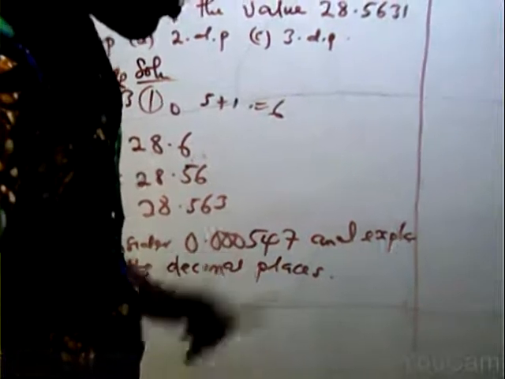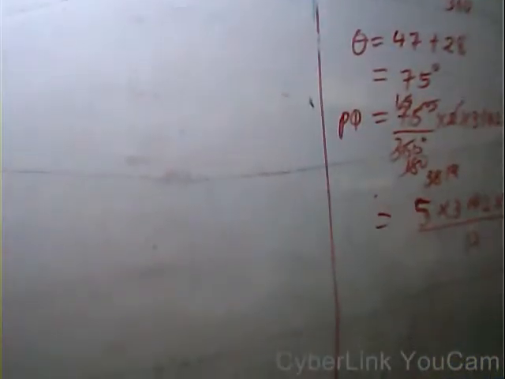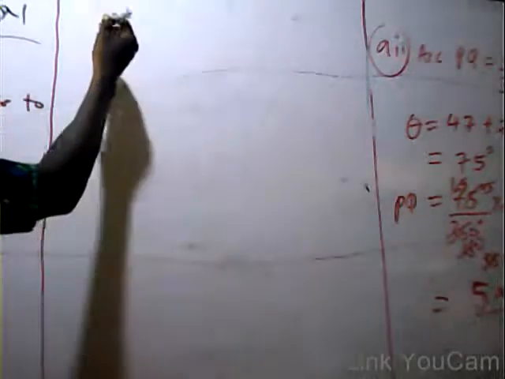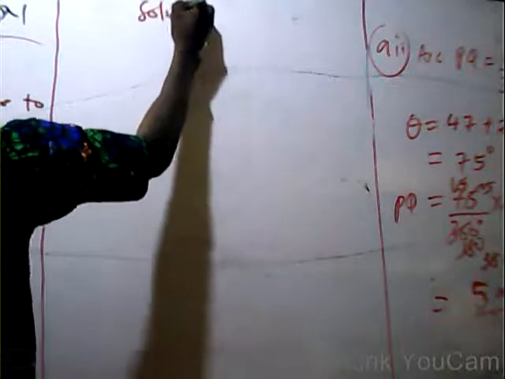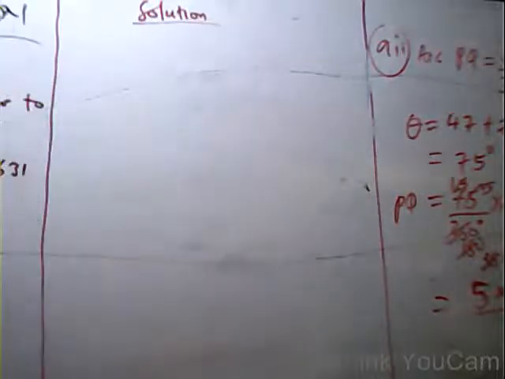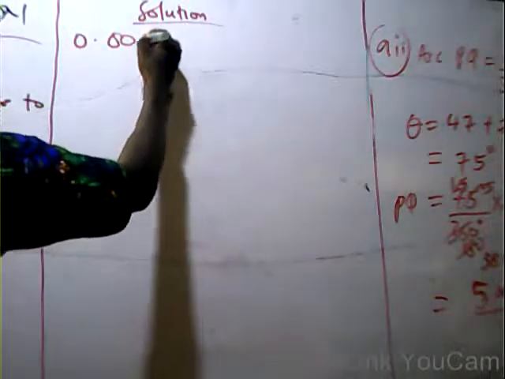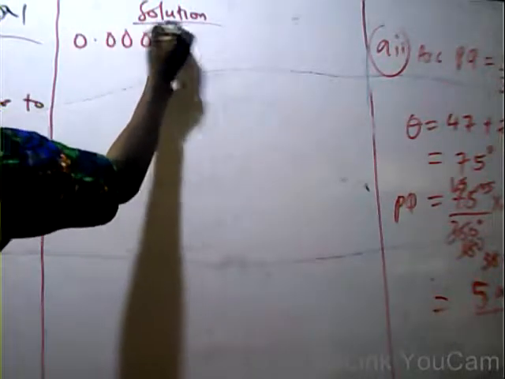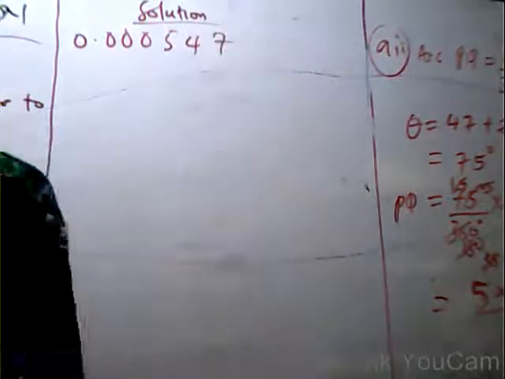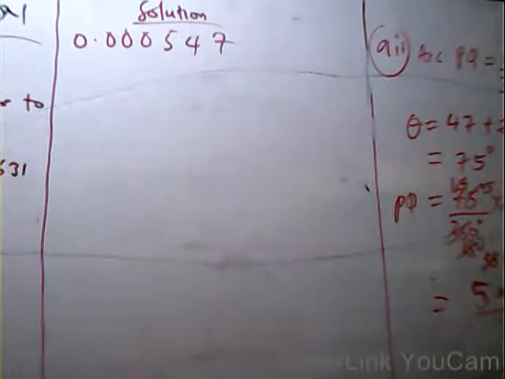So let's use this side. Solution. We have 0.00547, and we want to consider its decimal places.